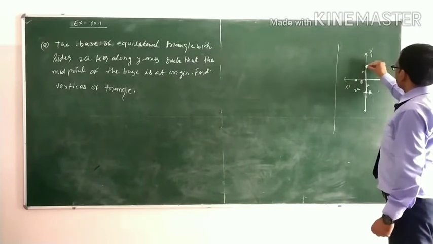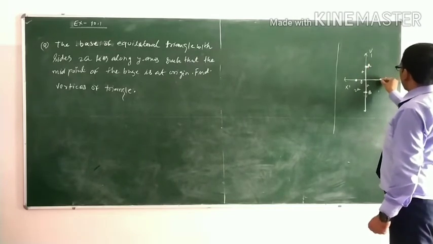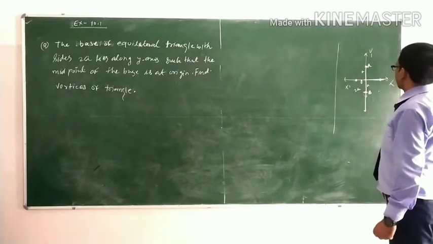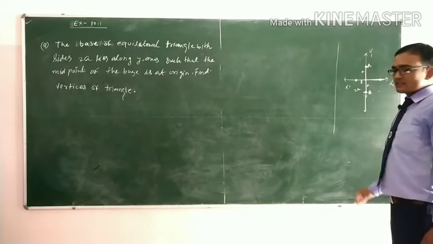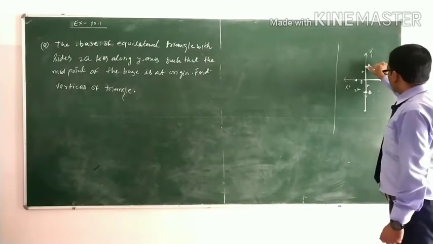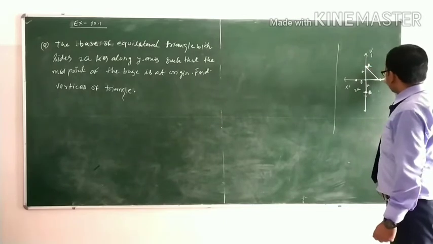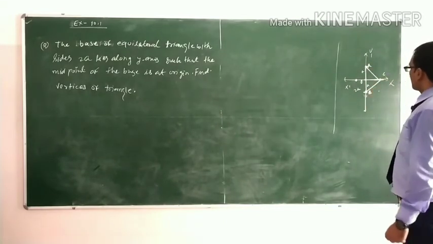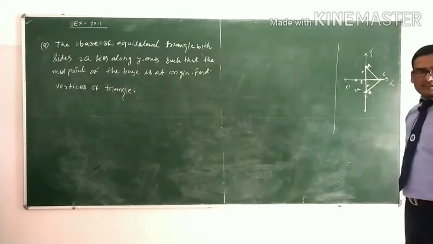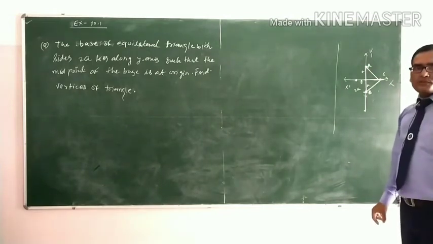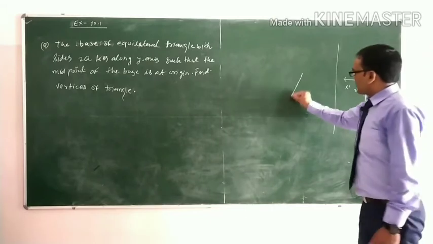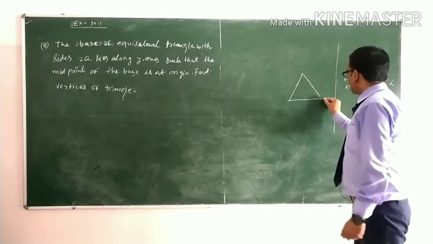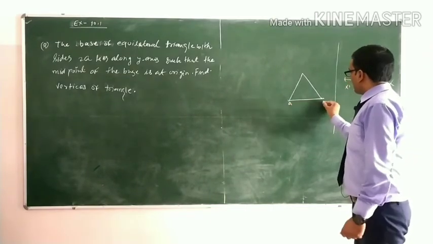Suppose that the point on x-axis is C, then we join AC and BC and AB. This is an equilateral triangle, because in an equilateral triangle AB is the base.